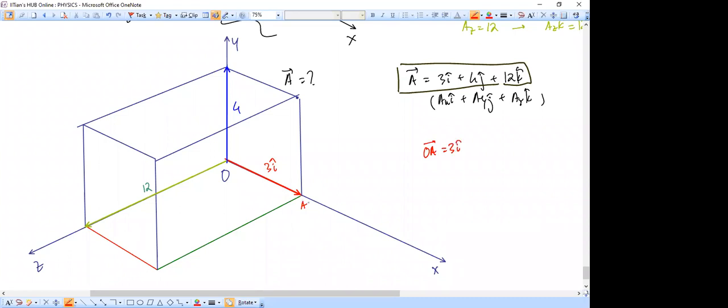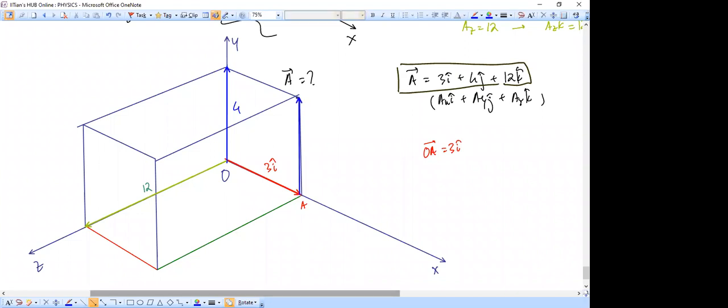Now next what I want to do, from that point, I want to add 4 j cap. So from the point A, I have to go 4 j cap. So 4 j cap is this vector, but only now I have to draw it from this point. You understanding? I don't have to draw it from the origin because I'm adding this vector 3 i cap plus this vector now 4 j cap. So I have to make a displacement of 4 j cap from here.